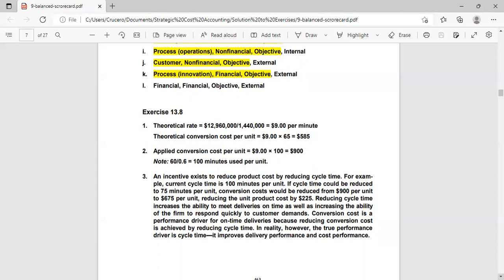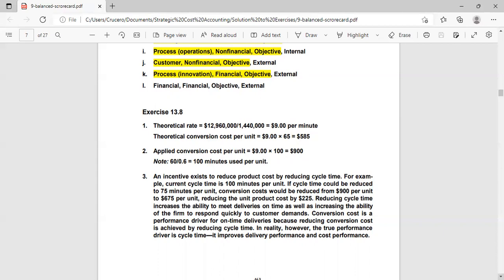Explain how conversion cost acts as a performance driver for on-time deliveries. So for number 3, an incentive exists to reduce product cost by reducing cycle time.